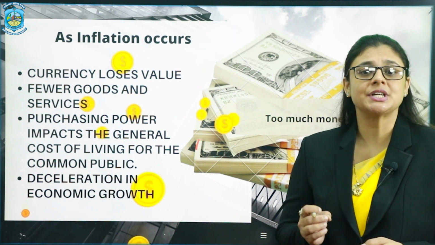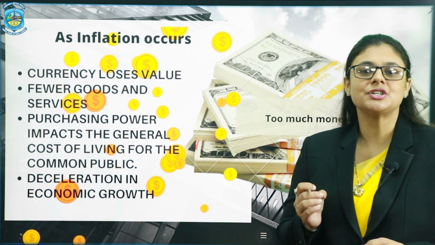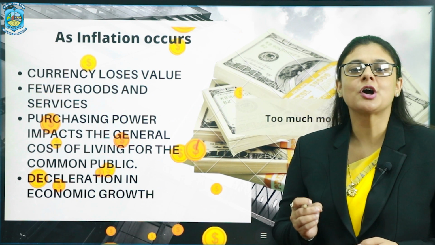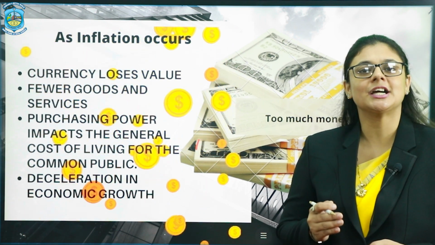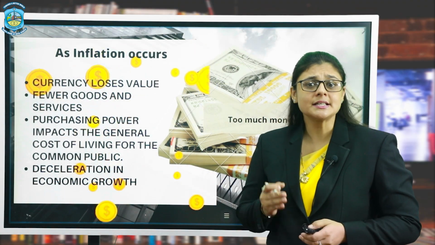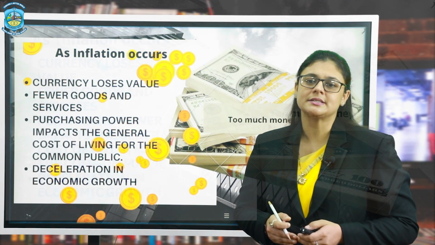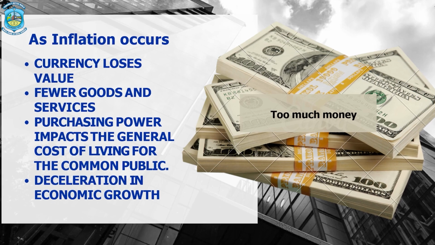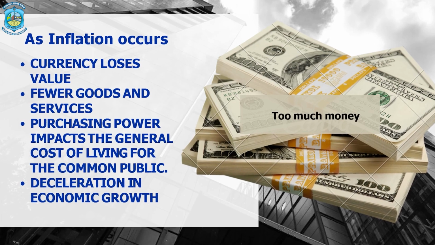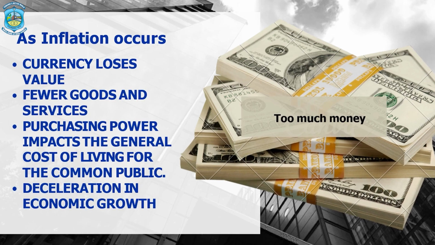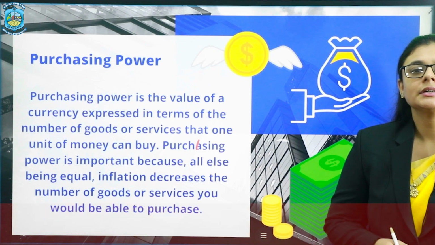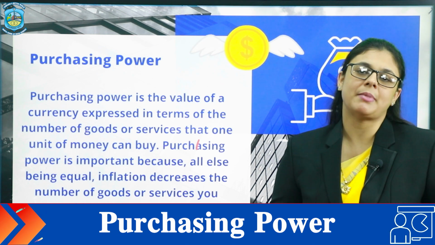This loss of purchasing power impacts the general cost of living of the common man, which ultimately leads to a deceleration in economic growth. The consensus view among economists is that sustained inflation occurs when a nation's money supply growth outspaces its economic growth.